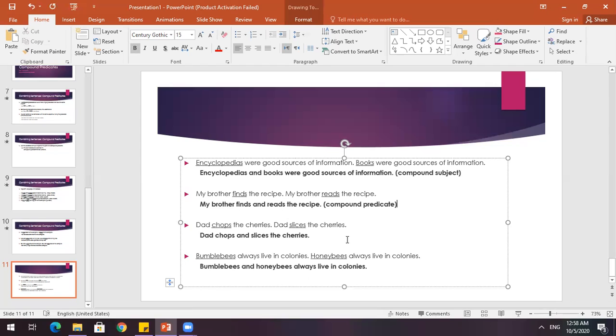Dad chops and slices the cherries. This is, again, a compound predicate. And finally, bumblebees always live in colonies. Honeybees always live in colonies. Bumblebees and honeybees always live in colonies. Here we combined the subjects. So this is a compound subject.